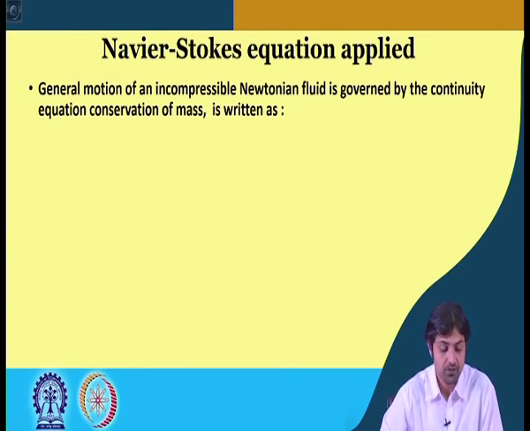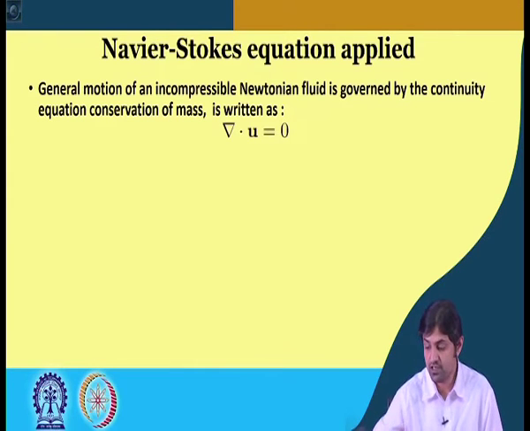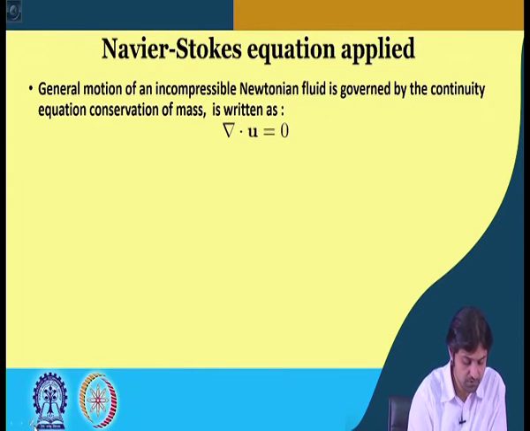All right. So, the general motion of an incompressible Newtonian fluid is governed by the continuity equation and the conservation of mass. This continuity equation is written as del dot u is equal to 0.